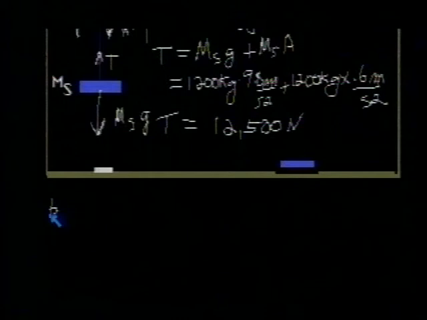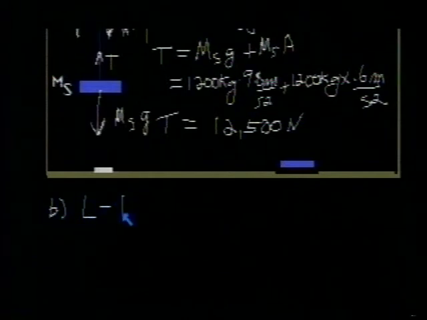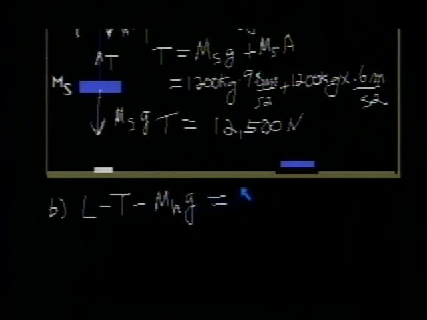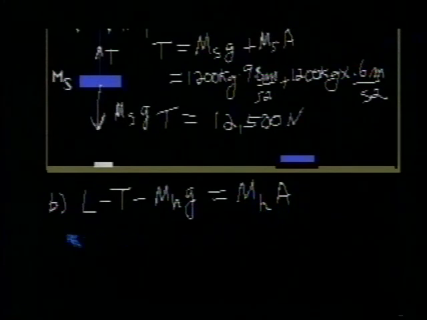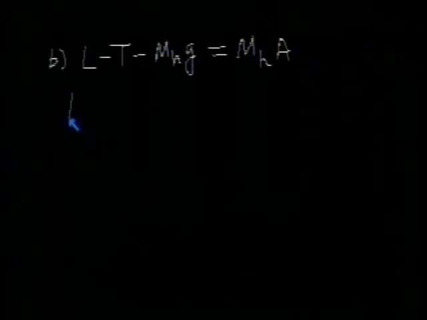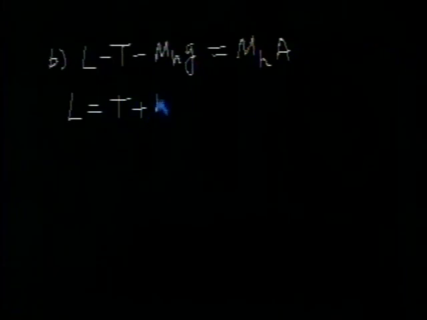We have the lift upwards, minus T downwards, minus the weight downwards, must be equal to the mass of the helicopter times its acceleration.